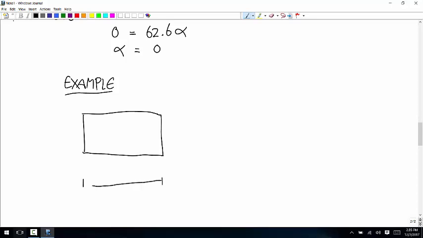Okay, so let's say the length is 2 meters. The height's 1 meter. The mass is 5 kilograms. Let's say the axis is at the center again.